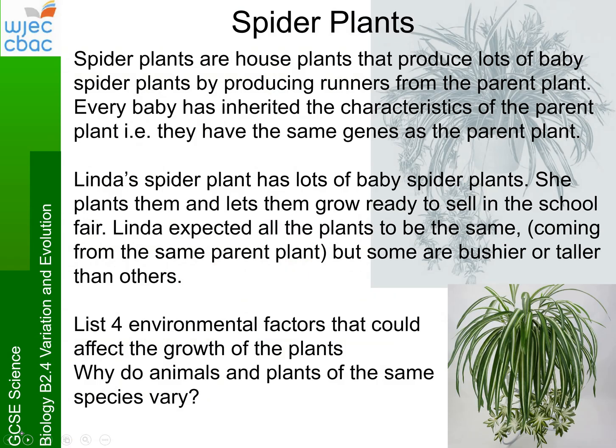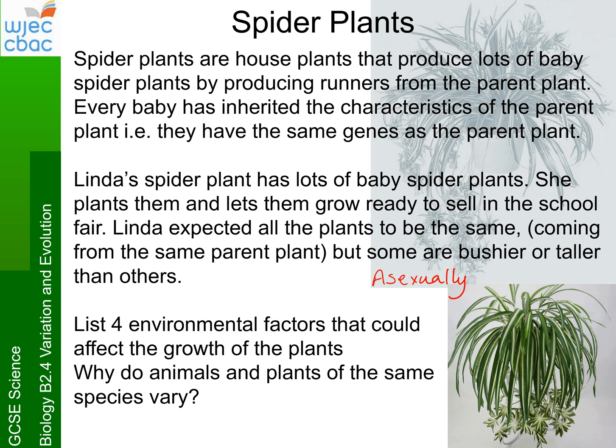So your task on page 7, you have got a picture of a spider plant, and I've given you a slightly clearer picture here in the PowerPoint. Spider plants are very unique in that they reproduce in a certain way. They reproduce asexually, and we're going to be doing a whole lesson on asexual and sexual reproduction next.